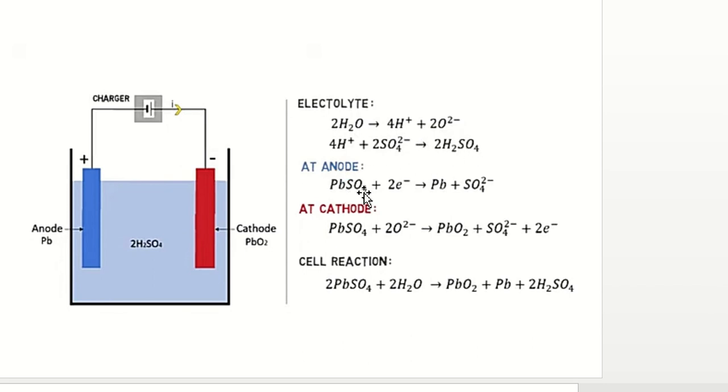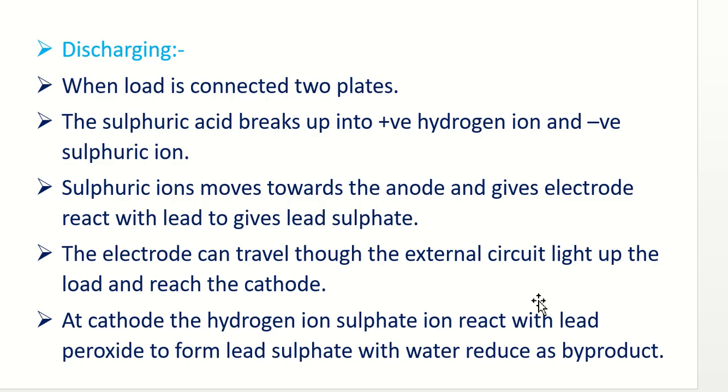Anode reaction: PbSO4 plus 2 electrons gives Pb plus SO4 2-. Cathode reaction: PbSO4 plus 2O2- gives PbO2 plus SO4 2- plus 2 electrons. Finally, cell reaction: 2PbSO4 plus 2H2O gives PbO2 plus Pb plus 2H2SO4.